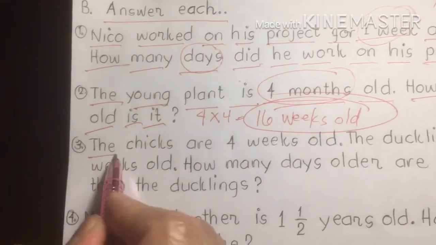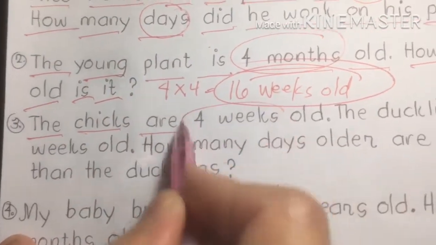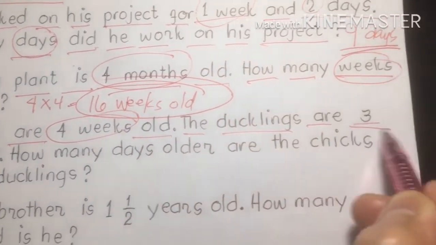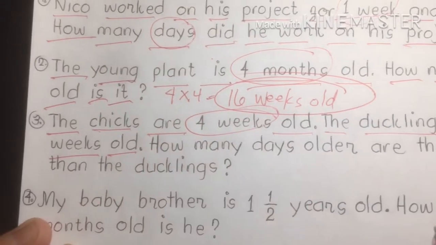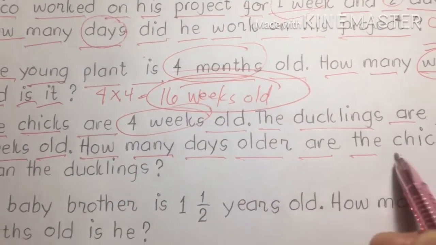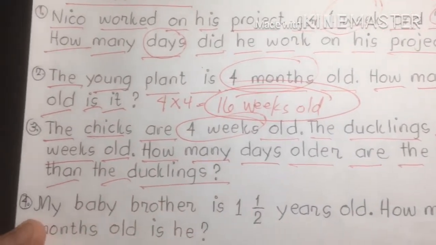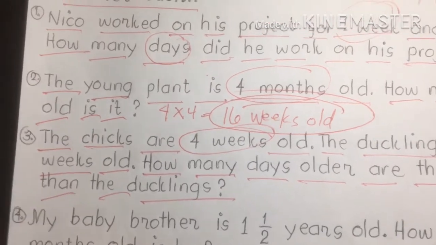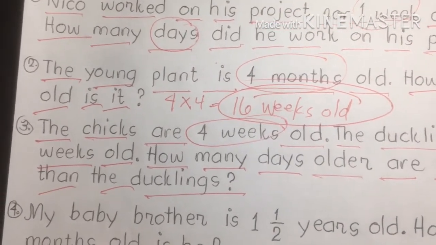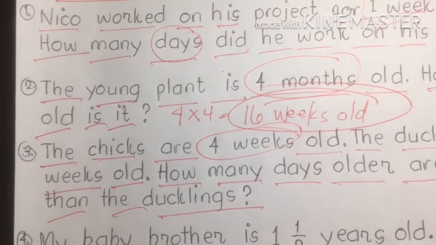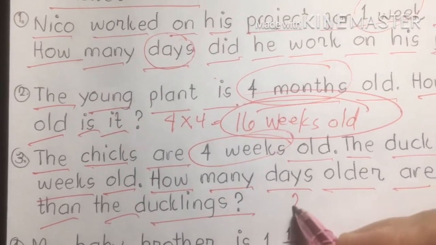3. The chicks are 4 weeks old. The ducklings are 3 weeks old. Question: how many days older are the chicks than the ducklings? That's for number 3. So remember class, first 4 weeks old, so that's 7 times 4, so that's 28.